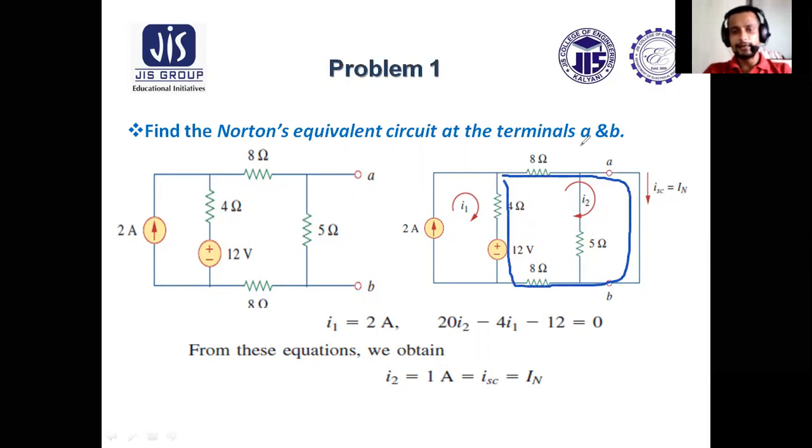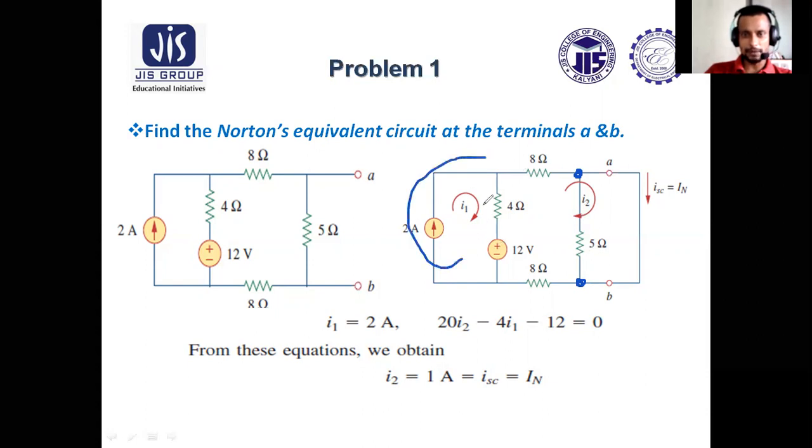Anyone? See, here the concept of short circuit will be applied. See, this is one terminal, this is another terminal. Now due to this source, forget about this part, forget about this part. Due to this source, a current will start flowing through this path.